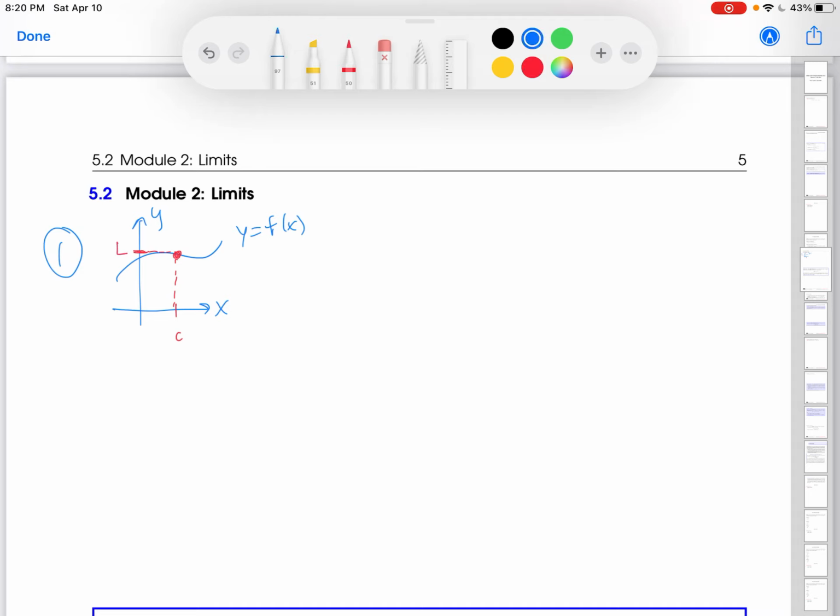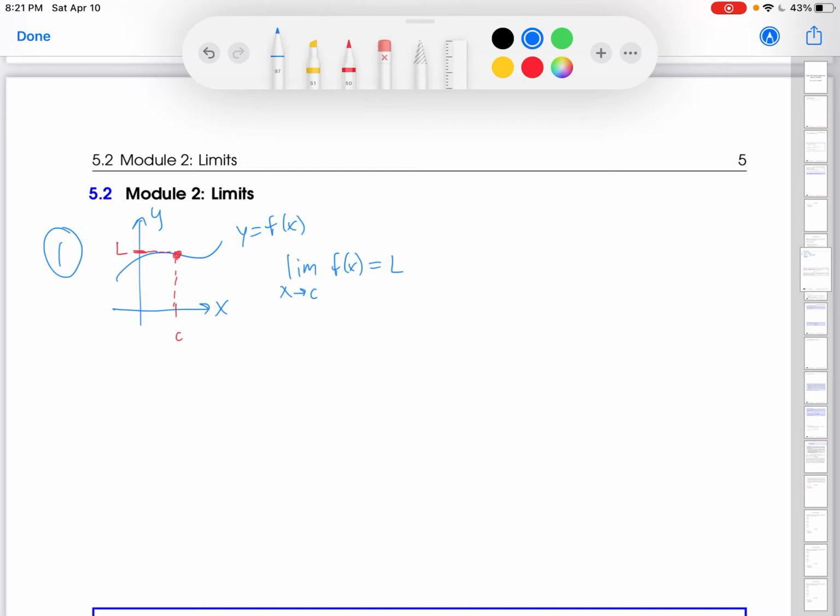And if the y values approached the value L as x tended to c, then we wrote the limit as x approaches c of f of x equals L. Again, there's much more detail to this. I just want to conjure up these memories of what you know from Calculus 1.